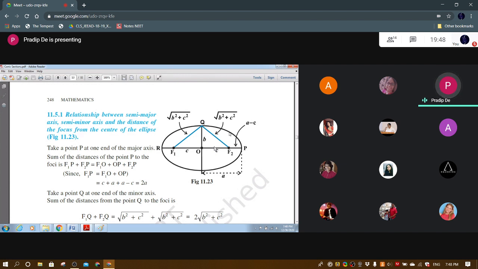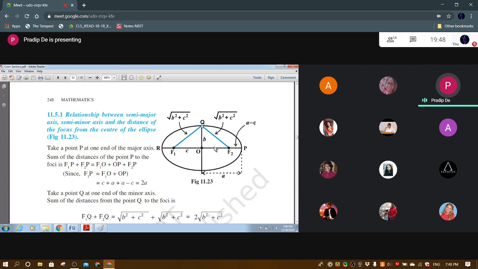That means now you have understood that wherever P lies on the ellipse, the sum of the distances from the two foci is always equal to the length of the major axis. So remember this property, PF1 plus PF2 is always 2A. Now, then QF1 plus QF2 should also be 2A.